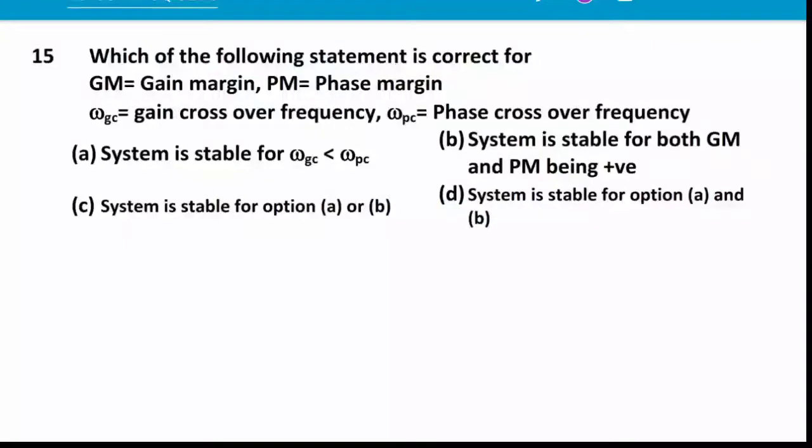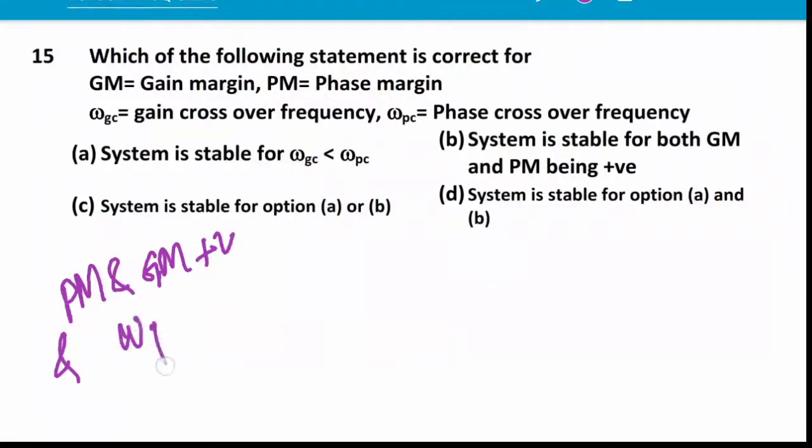So here the stability is defined by both PM and GM being positive, and also omega GC should be less than omega PC, that is, gain crossover frequency should be less than phase crossover frequency.